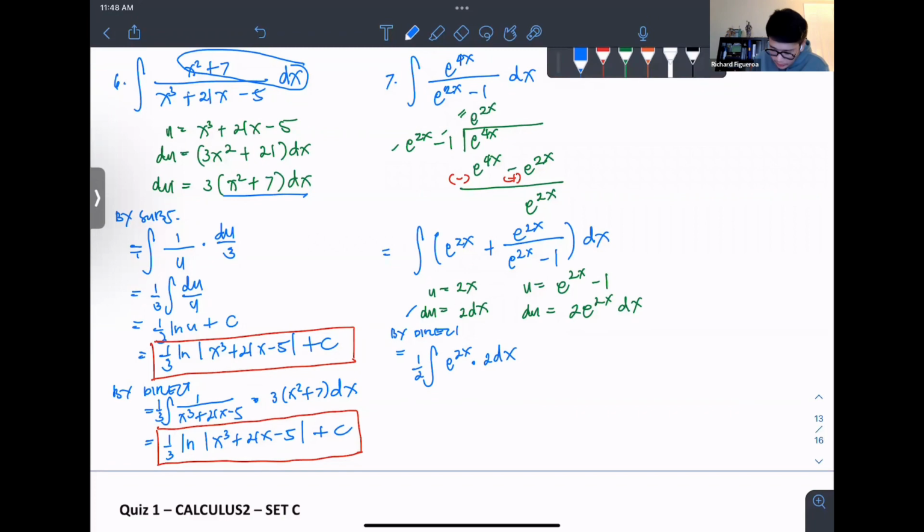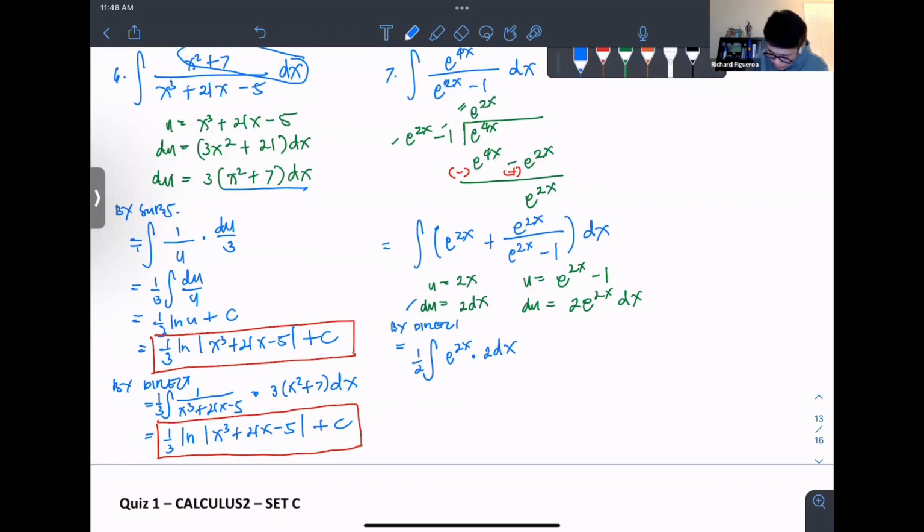And then the next one would be plus the integral of our u, which is 1 over e raised to 2x minus 1. And then its derivative is 2 e raised to 2x dx. So comparing with the original, we are in excess of 2. So I'll have 1/2 there as well.